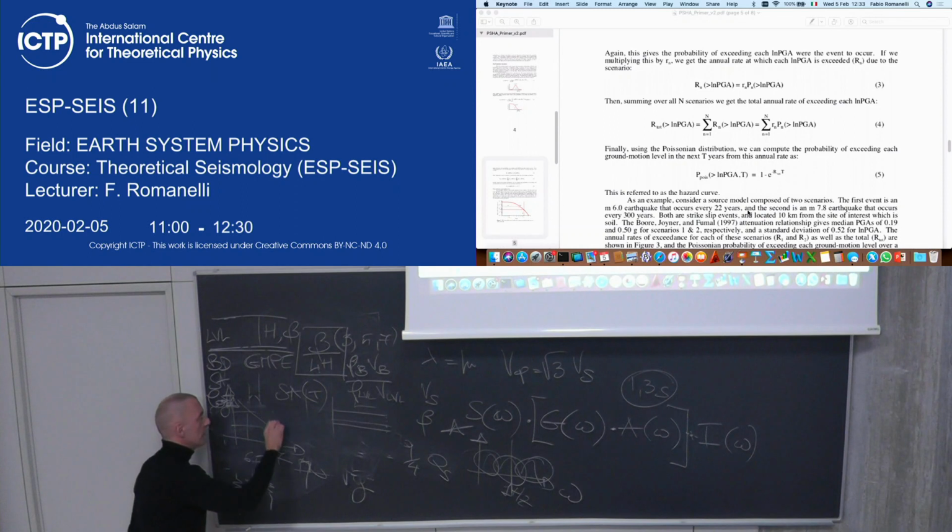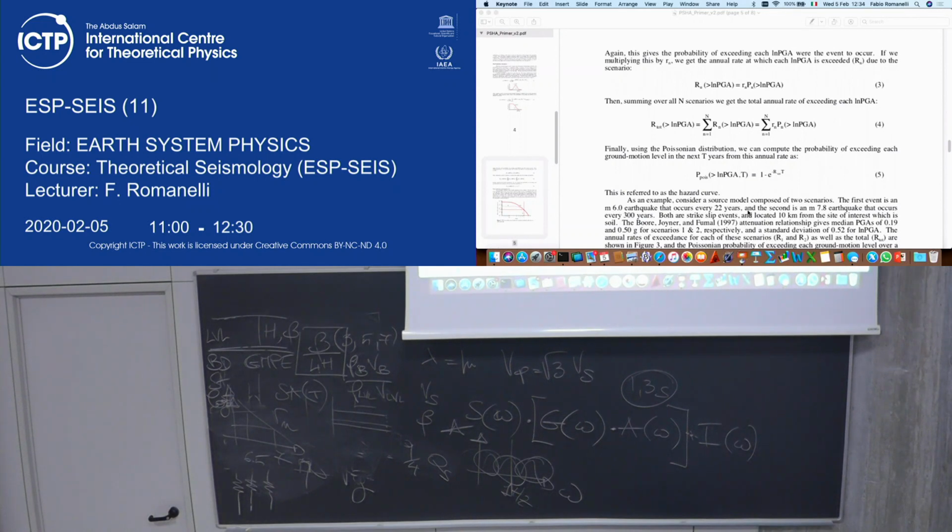That number is called rate of n, in this case here. Good. Now you take your 2 scenarios, or 3 or n, and you multiply that probability by that occurrence rate. Good. Then you sum them. Good.